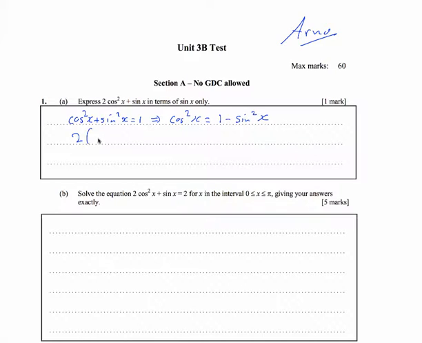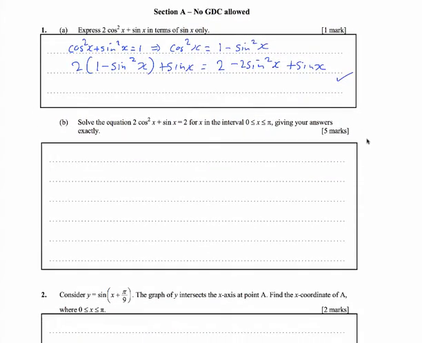So 2 cosine squared x plus sine x becomes 2 minus 2 sine squared x plus sine x. Only sine x's, so I'm done. That's fine. Now, solve 2 cosine squared x plus sine x equals 2, which is the expression I've just written.